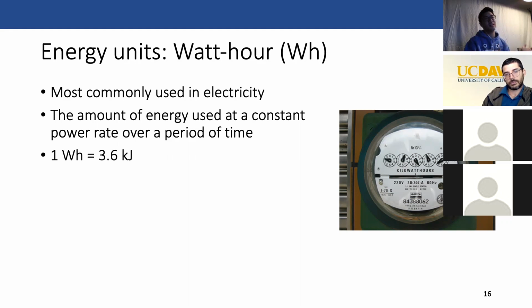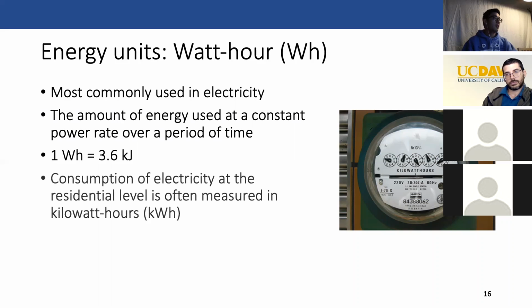And if you multiply 60 by 60 minutes over an hour, you get 3,600, which is where that number is derived from. As I was mentioning, it's very common in electricity to measure in these units. And so at the residential level, we measure, as you see in this meter, by kilowatt hours.